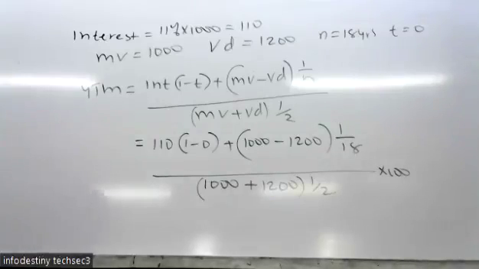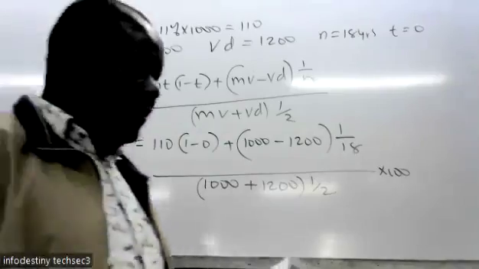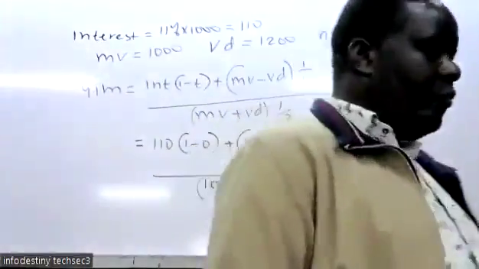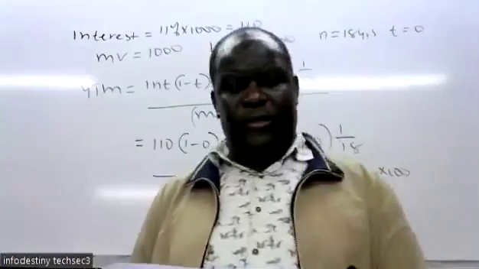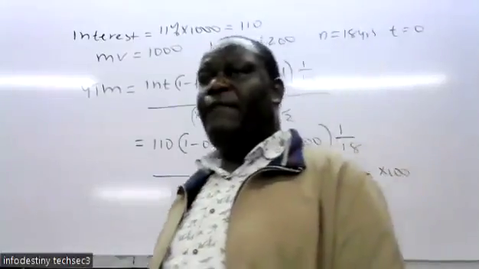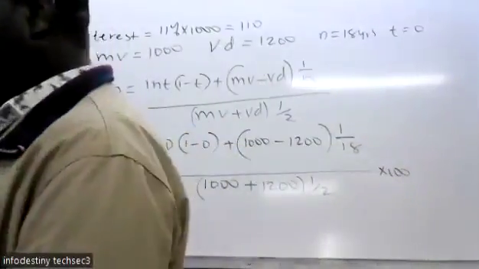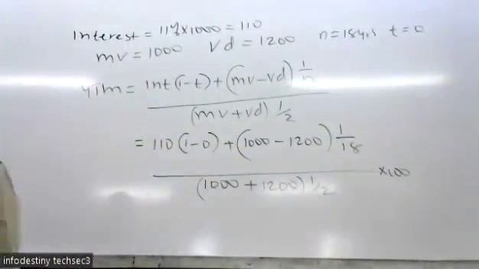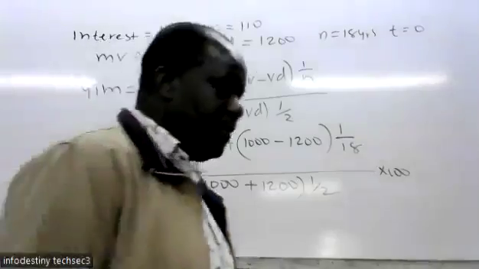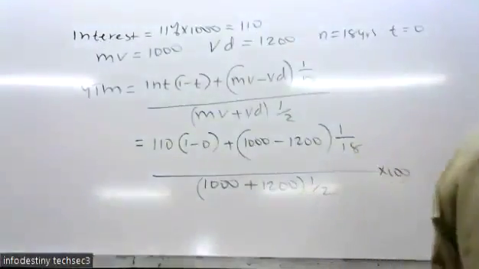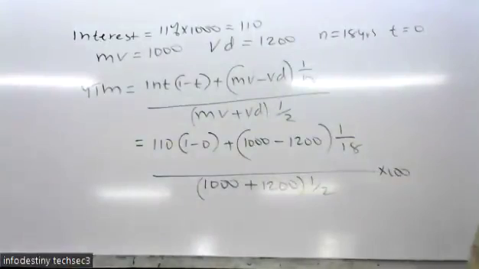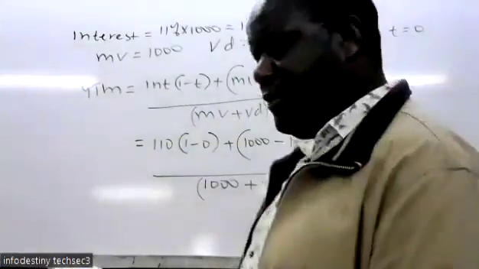The question reads that Everex Limited has bonds which currently sell for 1,150 with an 11% coupon interest rate and shillings 1,000 par value.